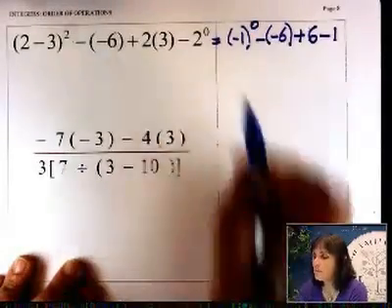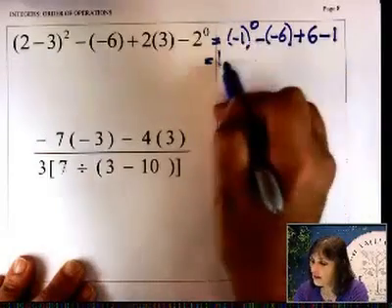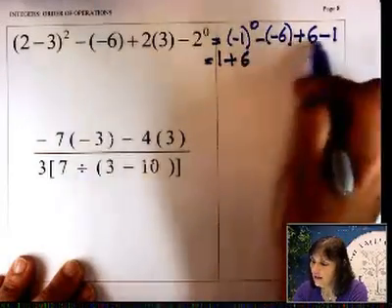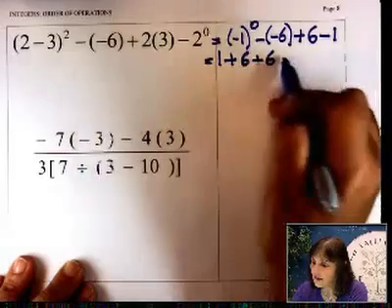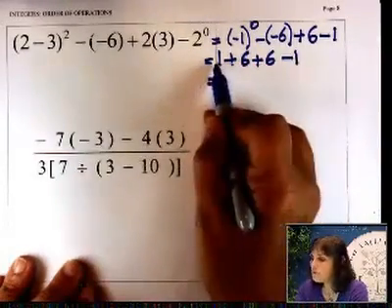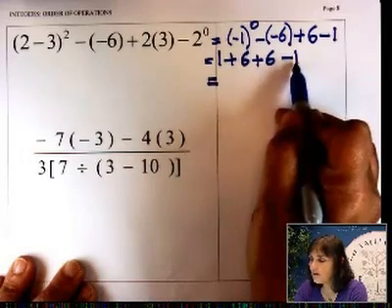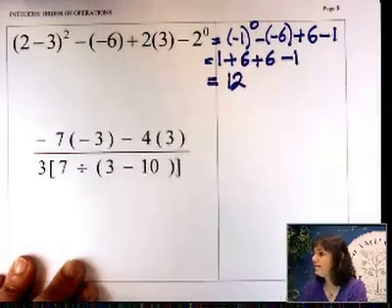So I did the exponents, negative 1 to the 0th power, that's 1. You have double negative, that's 6, and another 6, and a negative 1. Put it together, left to right, 6 plus 1 is 7, plus 6, 13, plus, minus 1, 12.